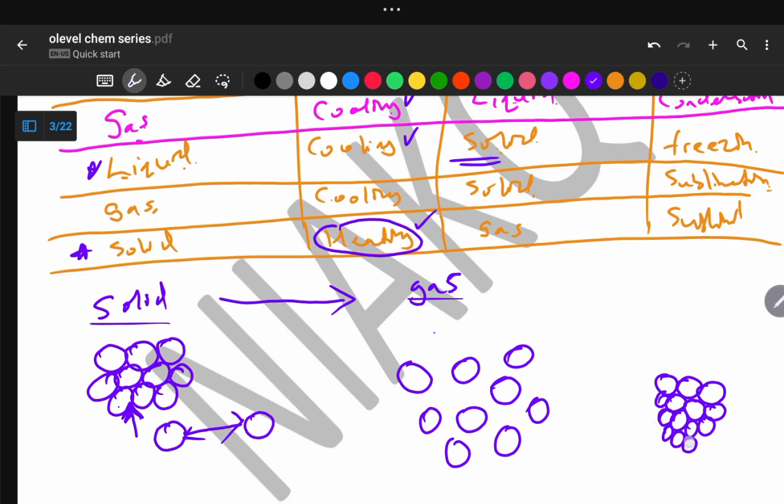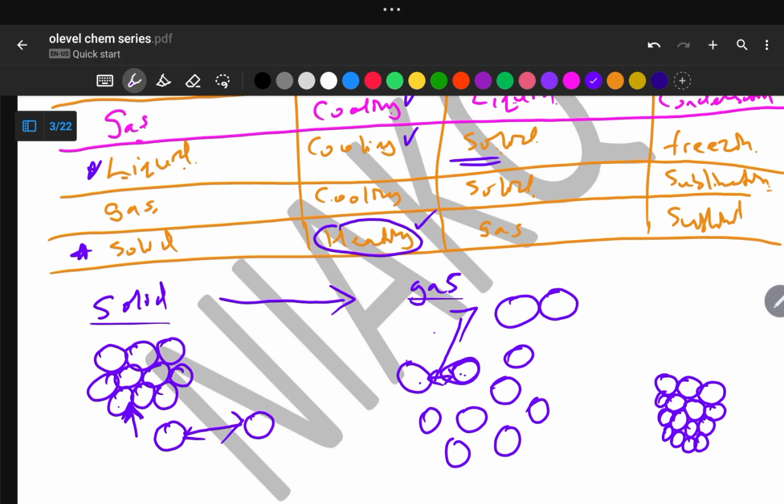So these are the particles in the solid. So we want to reduce this bond length. We want to reduce this length between the particles. So energy is being removed from the system. So once we remove the energy, the particles are going to move closer to each other, right?